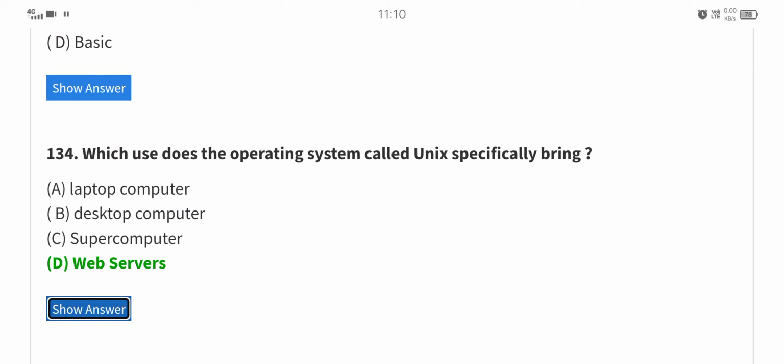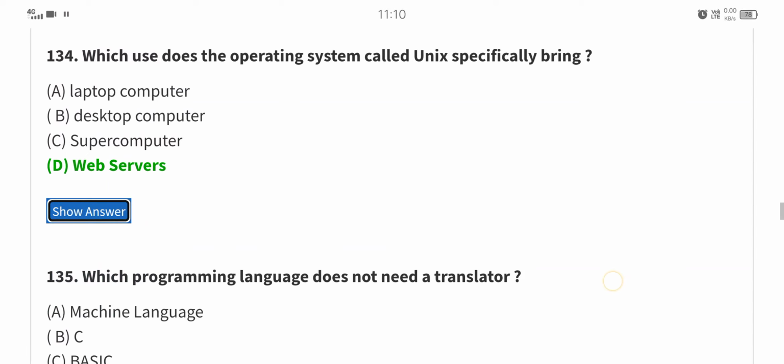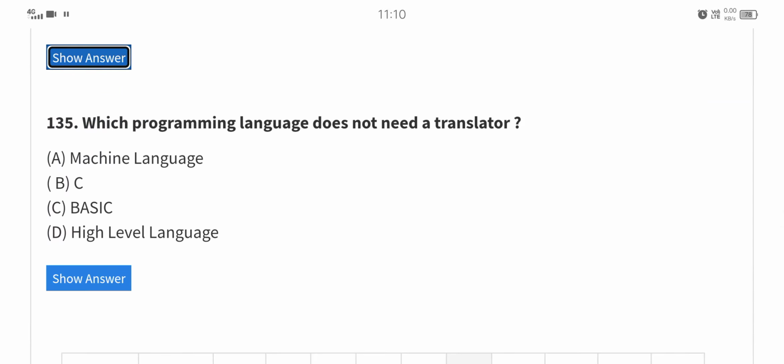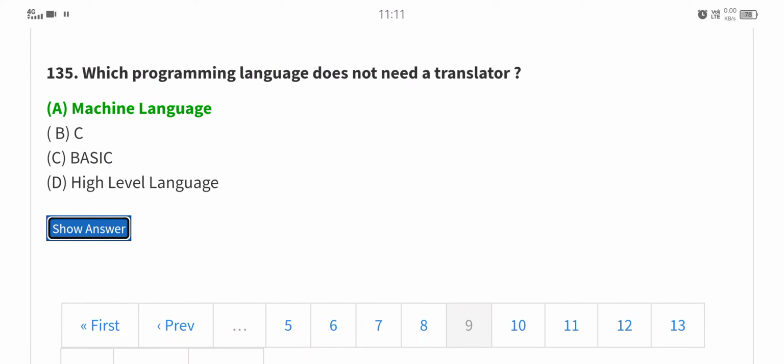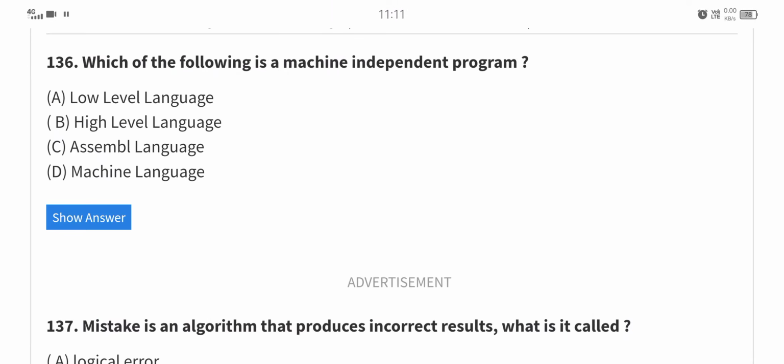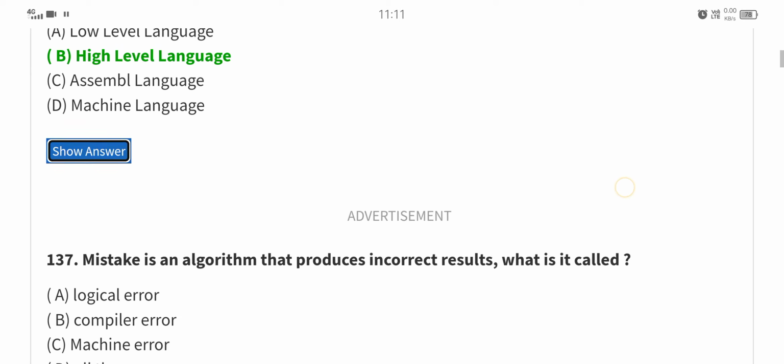For which use is the Unix operating system specifically known? Web servers. Which programming language does not need a translator? Machine language. Which of the following is a machine independent program? High level language.